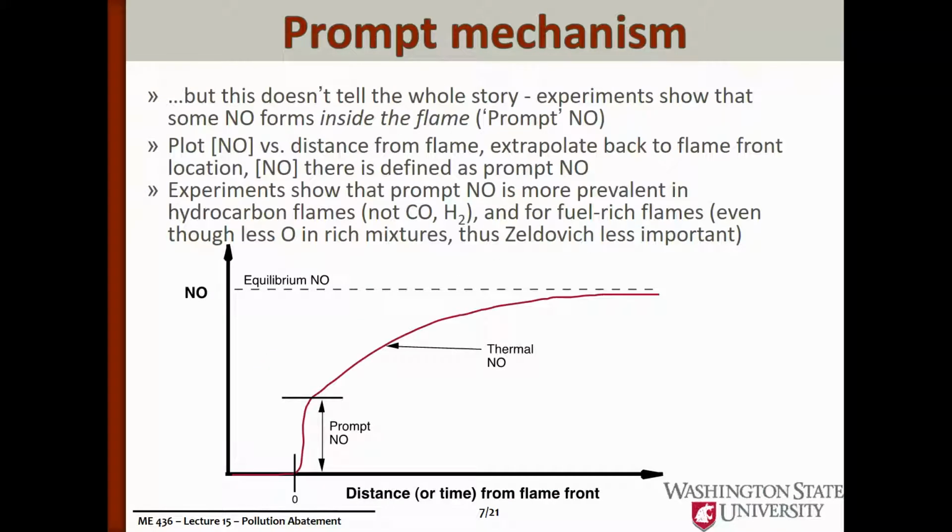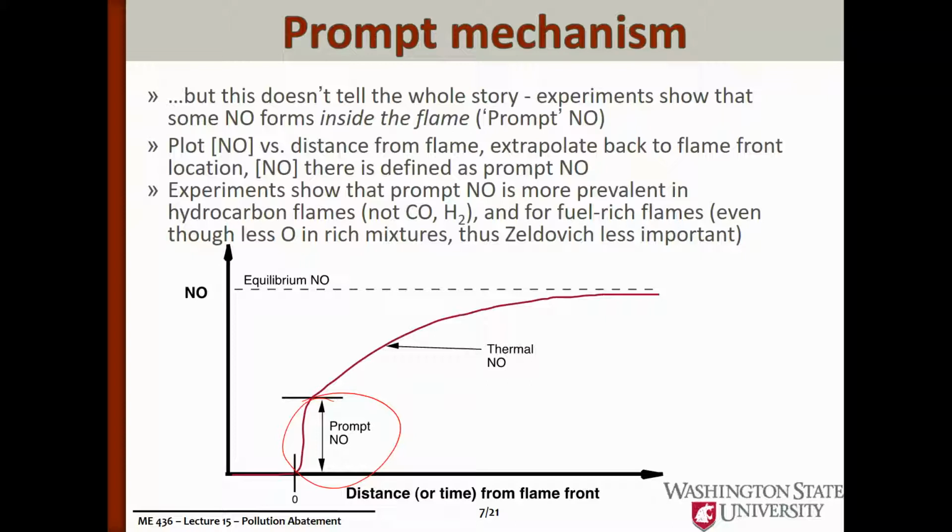There's actually a second mechanism that occurs within the flame itself, and we call that the prompt NO formation. As initially when they started to reduce NO formation in engines, the Zeldovich mechanism was known, and they put in controls in the engine to speed things up and not give the reaction enough time to happen.